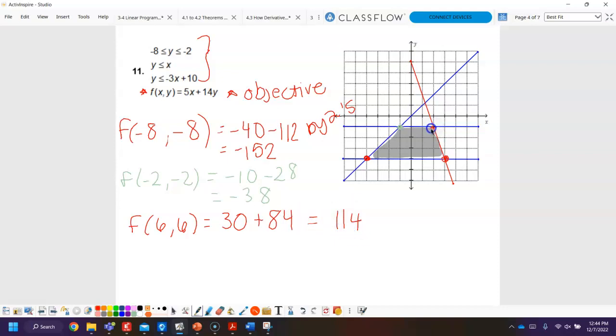And then right here for 4, -2, that's 6, 6. That's 6, -6. And you plug that one in, and you get 20 minus 20.